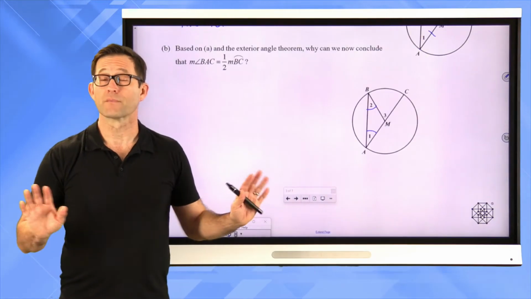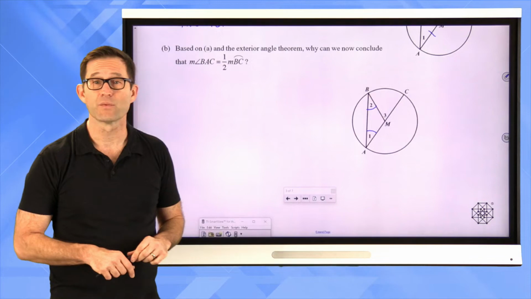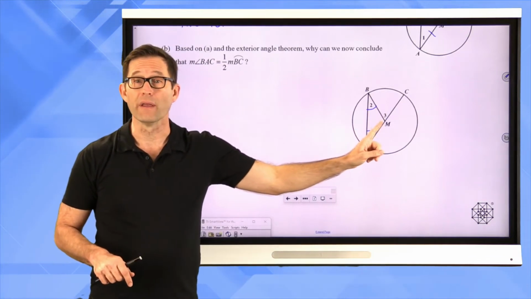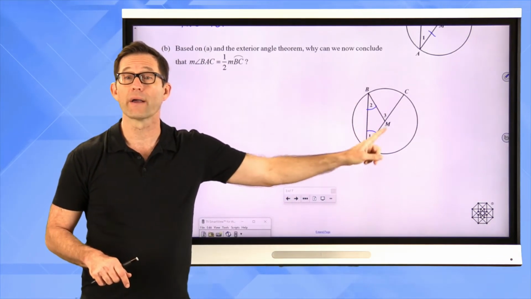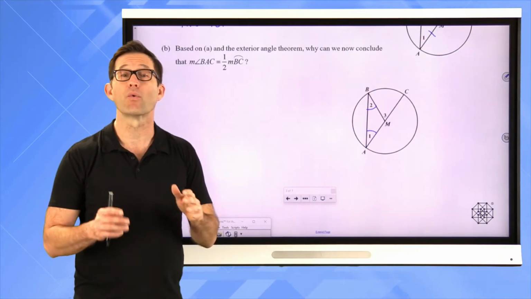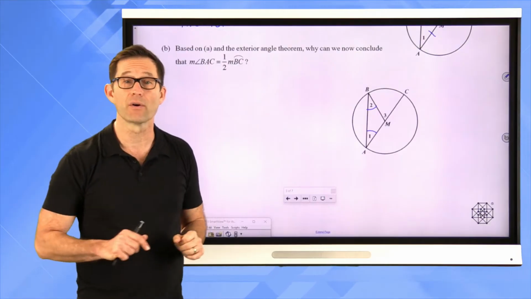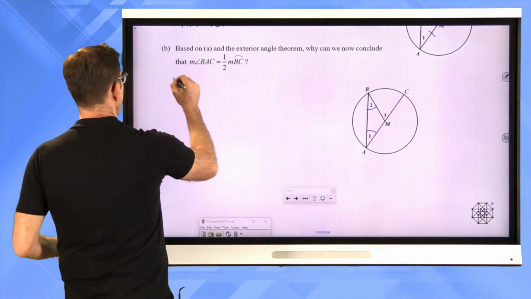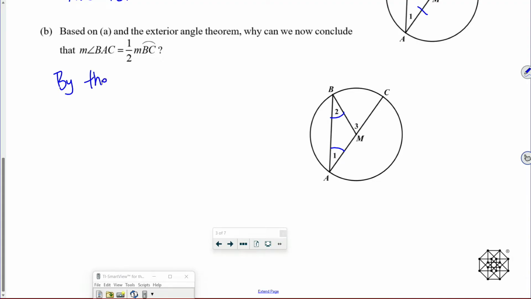Well, forgetting about the fact that this is a circle, we know that angle 3 is an exterior angle of triangle BAM. And in fact, angle 1 and angle 2 are angle 3's remote interior angles. So by the exterior angle theorem, the measure of angle 3 is equal to the measure of angle 1 plus the measure of angle 2.